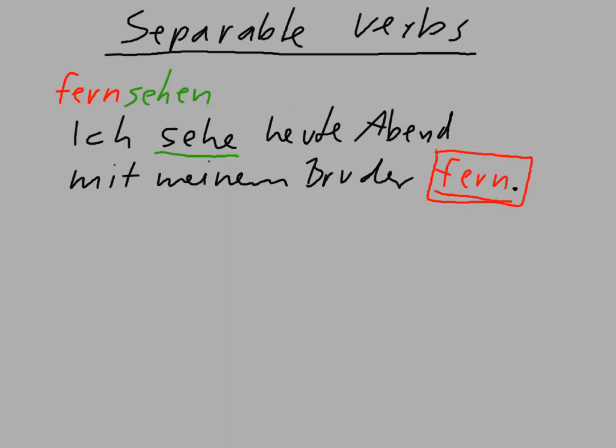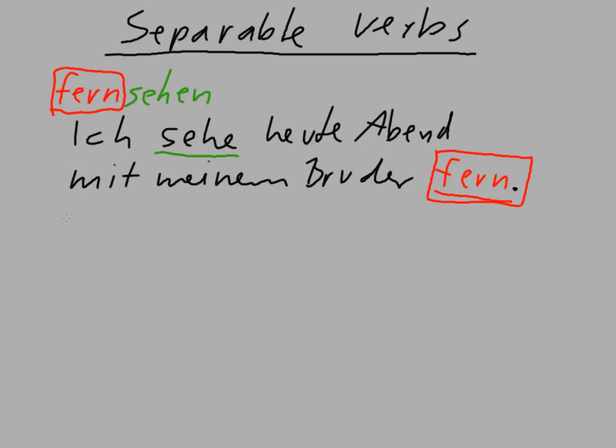So there are a lot of German verbs that have a separable prefix, like fern here. Now, you would think that maybe if you just memorize all of those separable prefixes, that you're good to go. Then you just know which verbs do that and which words don't. However, it is much more useful to, instead of memorizing all the separable prefixes, memorize the inseparable ones.